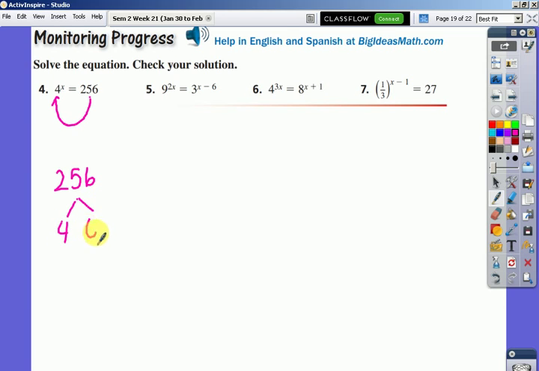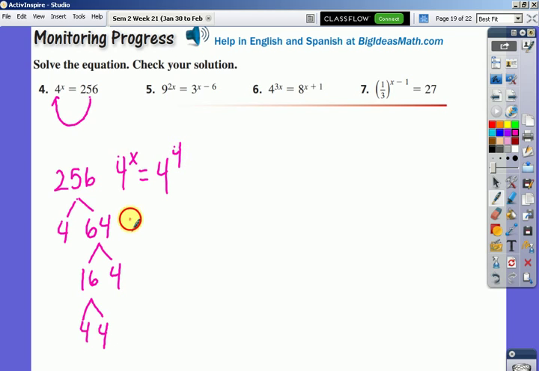Well, I get 4 and 64, and then I continue to ask myself, is 64 divisible by 4? And it is, yeah, so you can break that down into 16 and 4. Is 16 divisible by 4? Yes. 4 and 4. So, what I really have is 4 to the x is equal to 4 to the what power? 4. So x equals 4.